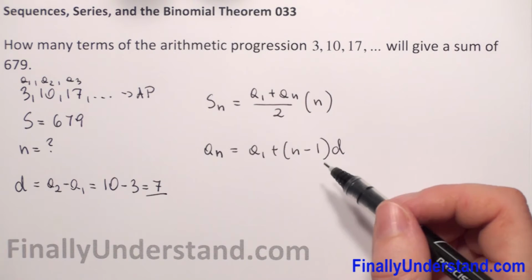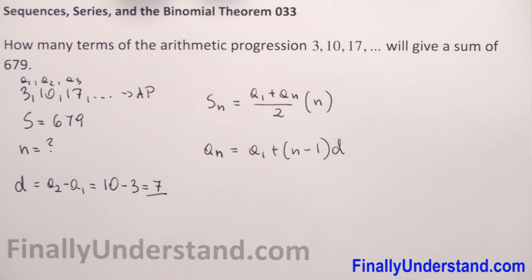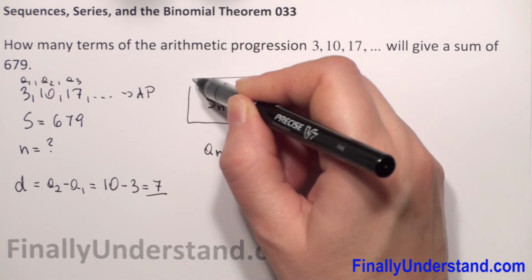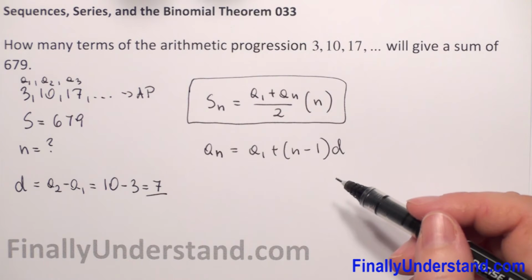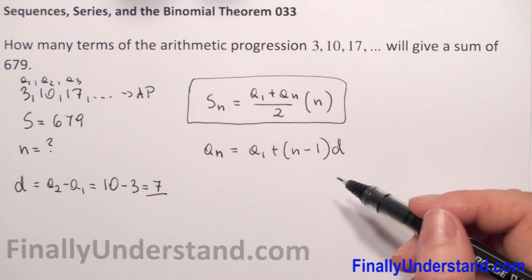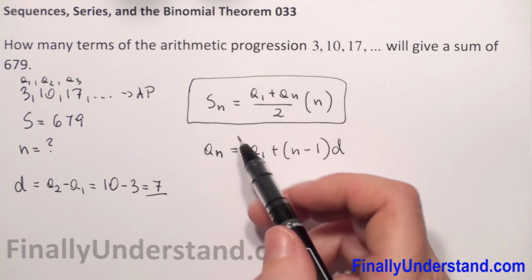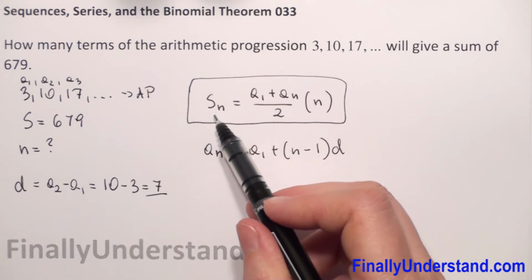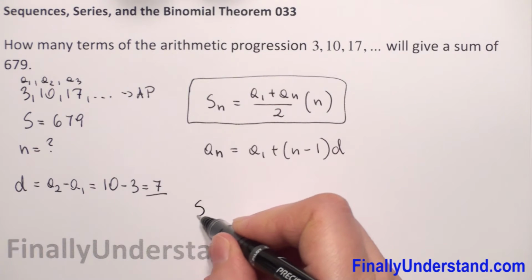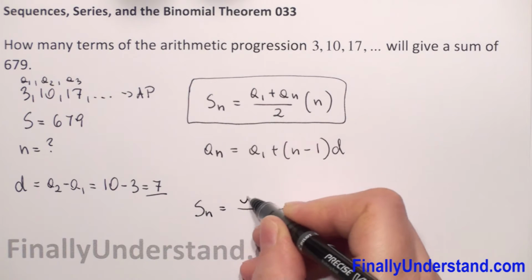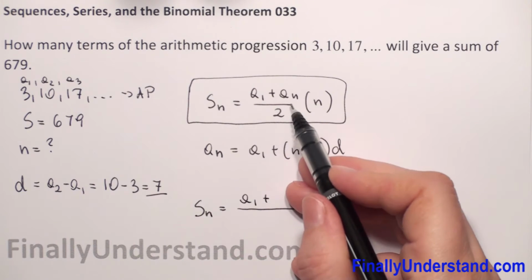So now when we go to the formula for the sum of n terms of an arithmetic progression, our unknown will be only n. Let's first copy our formula. Sn is equal to a1 plus an.